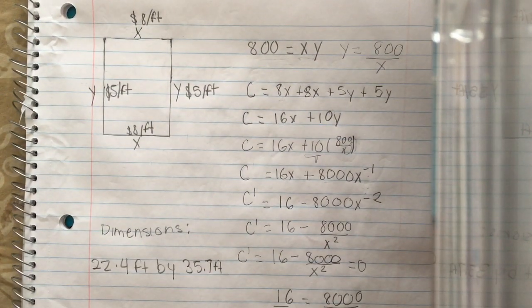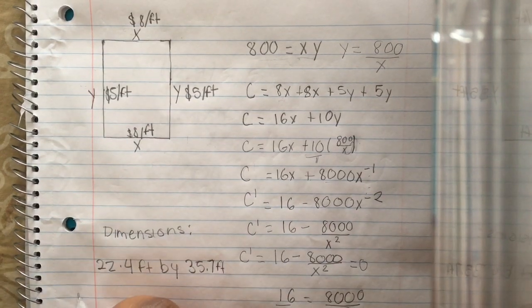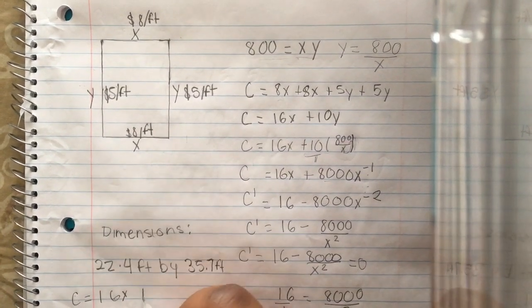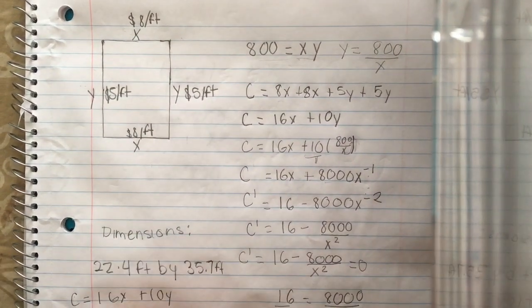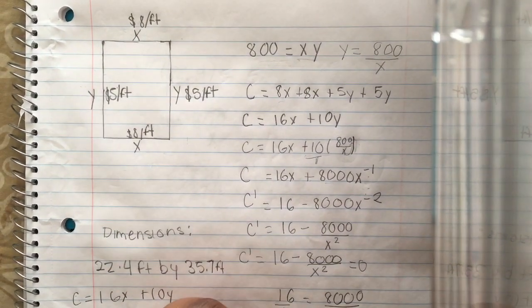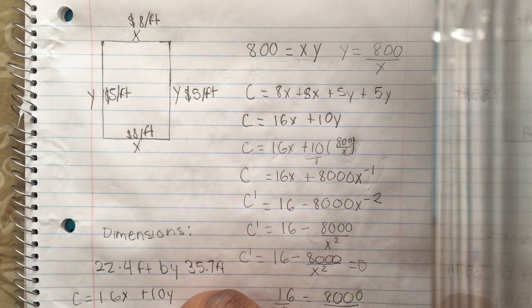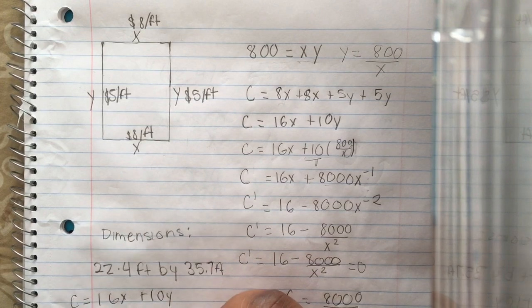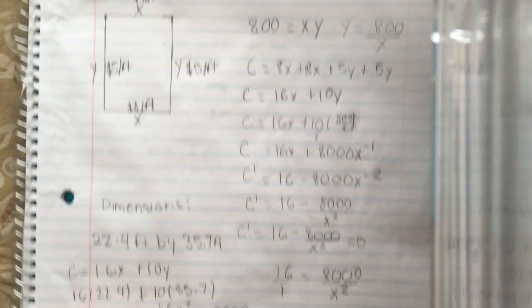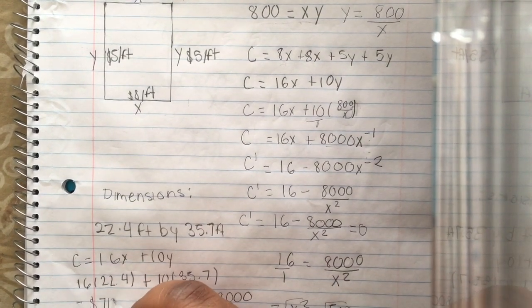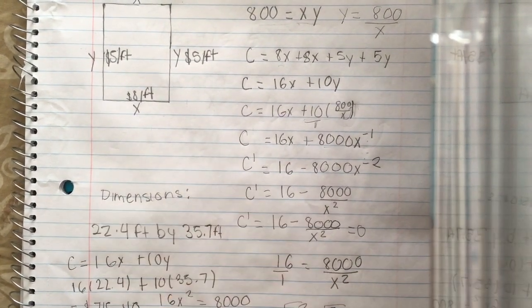Now, if you wanted to find the total cost, cost is equal to 16x plus 10y, and that would be equal to 16 times 22.4 plus 10 times 35.7, equal to $715.40.